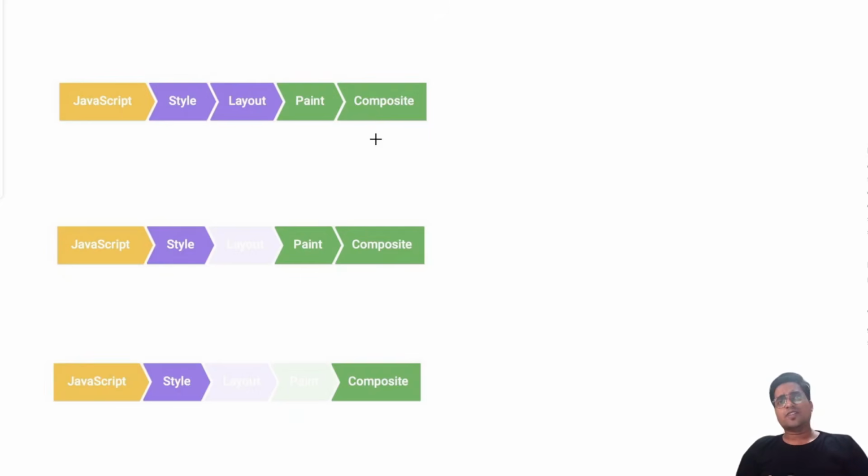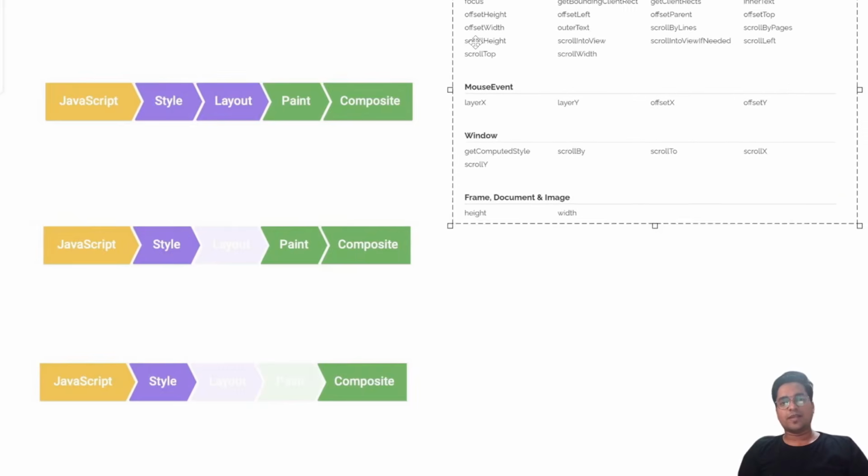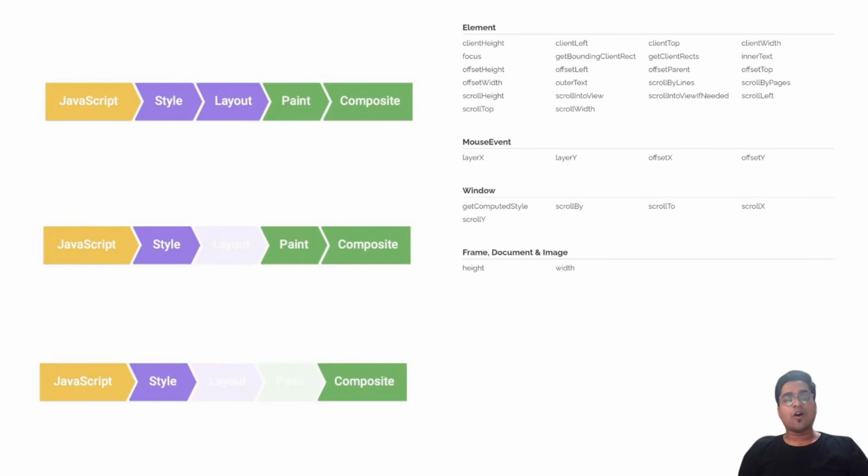Now try to understand, if we make any change in our styles using JavaScript or CSS which is going to change our dimension, what are those dimension properties which can be changed? Let's quickly peep into that. These are the properties which can trigger all of this cycle. Either you are changing from here or here, it doesn't matter, whether you are using JavaScript or the styling.